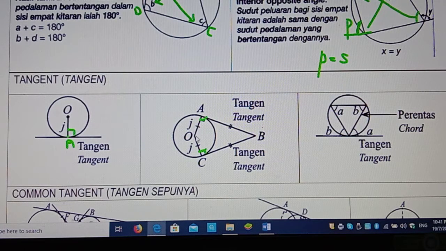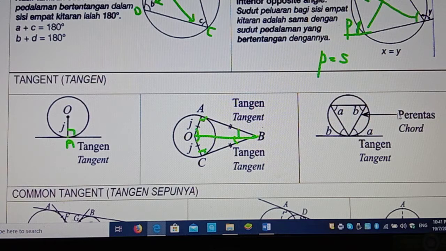The radius OA of course equals OC. AB equals CB. So I draw a line here to join OB. So we can say these angles are also the same. These angles are also the same. So you must understand the properties in order to solve problems.